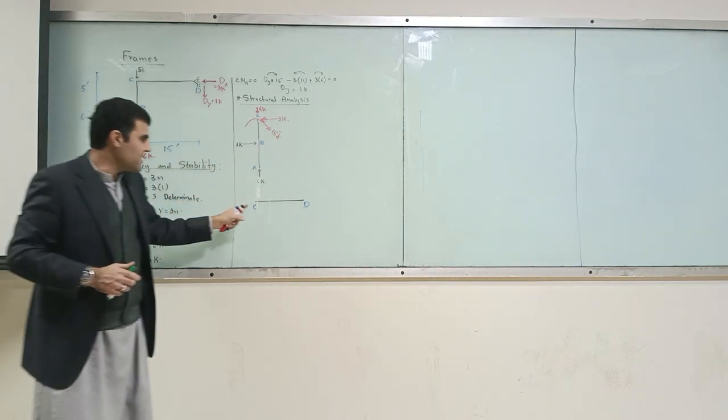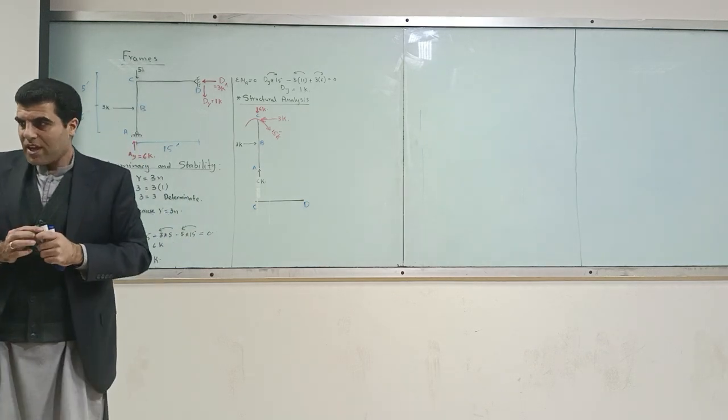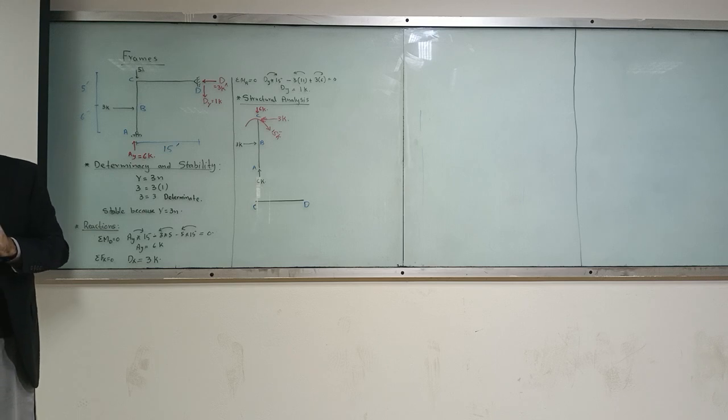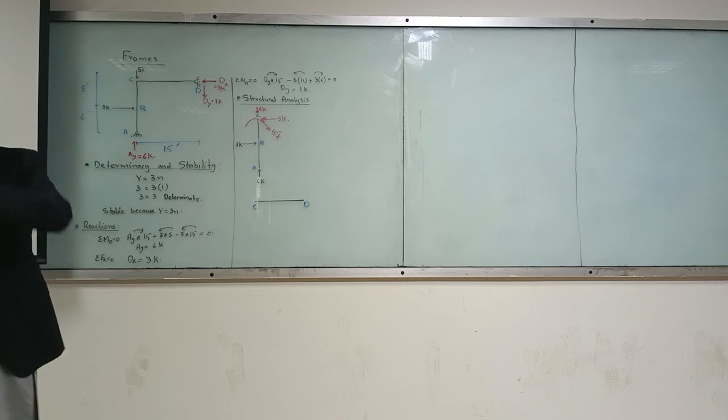Now at point C, at every joint, you have to see what are the external forces applied, and you must make sure that overall you have that external force applied onto the joint.